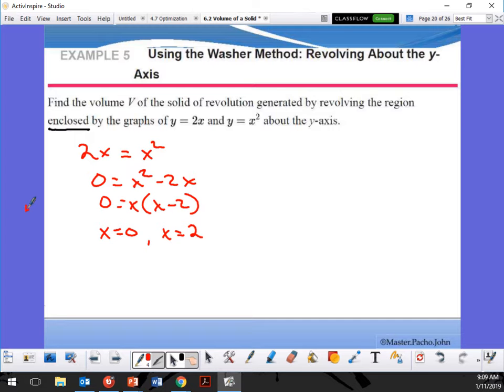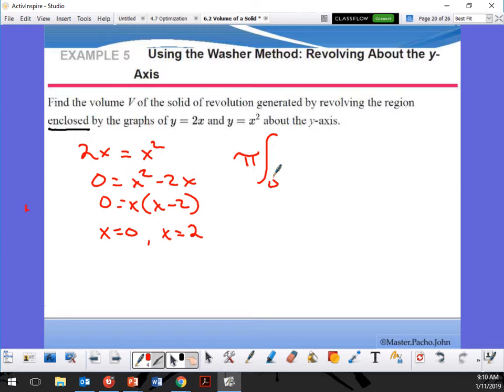So let's take a look. My bounds would be, don't forget the pi, from 0 to 2, right? But now where am I bounding this? The y value, right? These are bound on the y-axis.